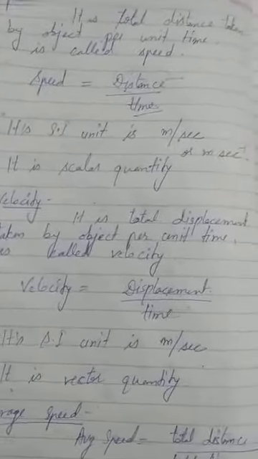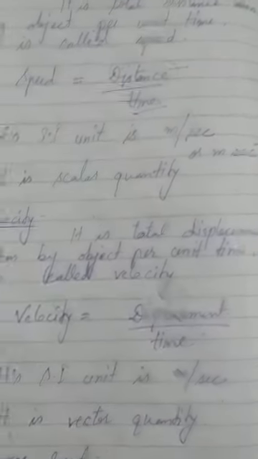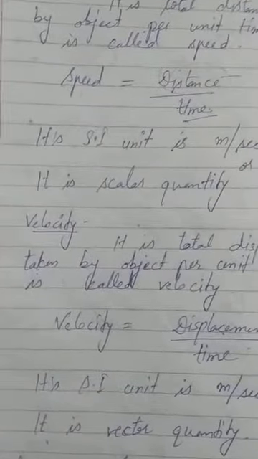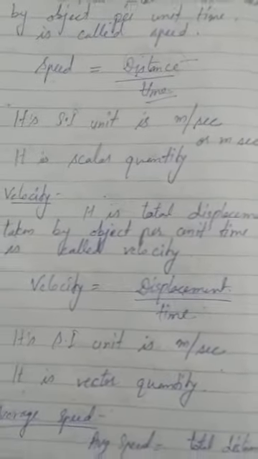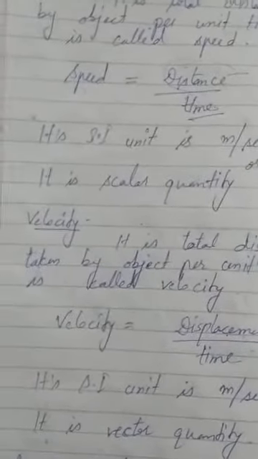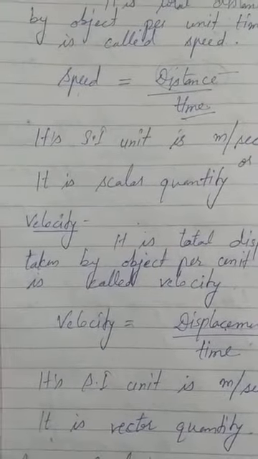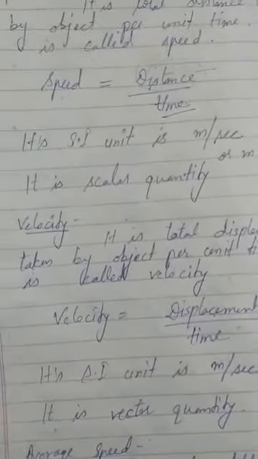It will be average speed. Clear to everyone now? These are the different relations for average speed, velocity and speed. Now next our motion, uniform motion and non-uniform motion.